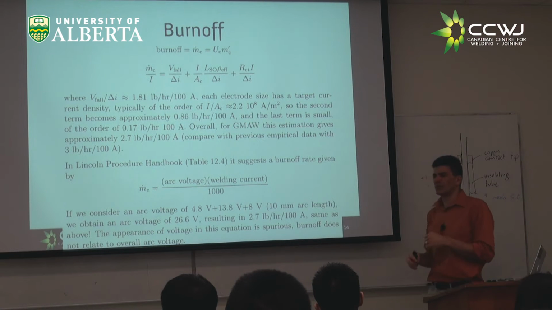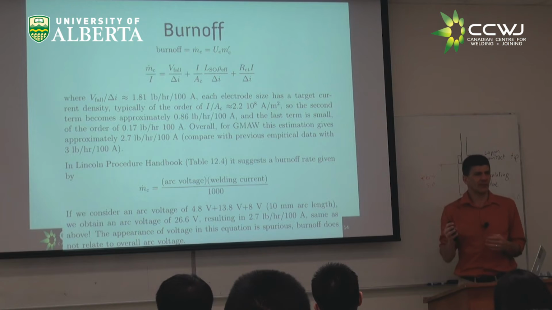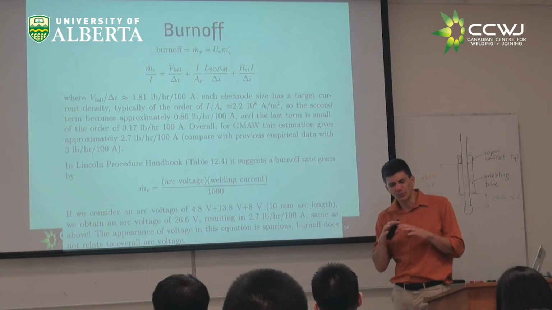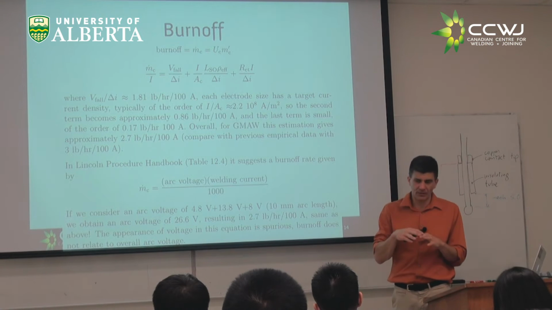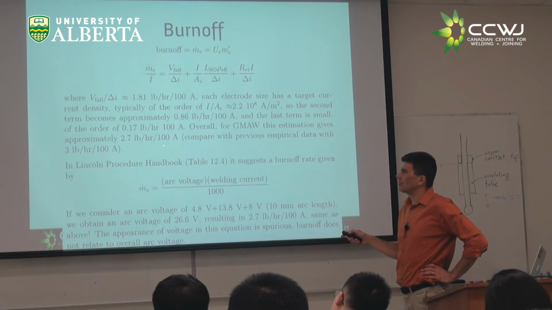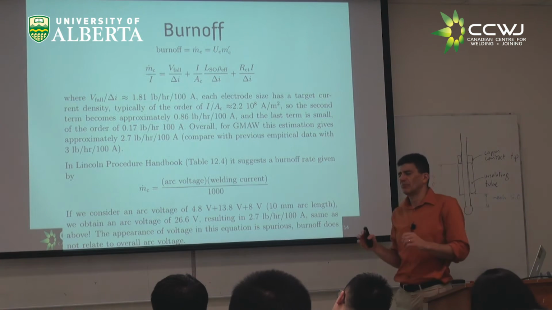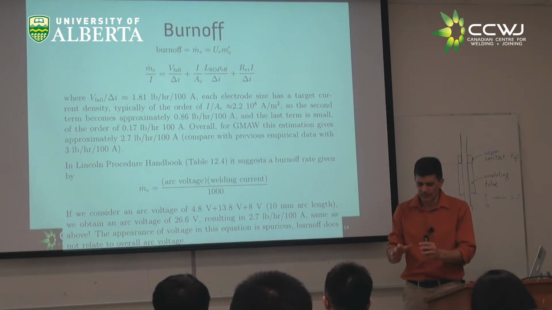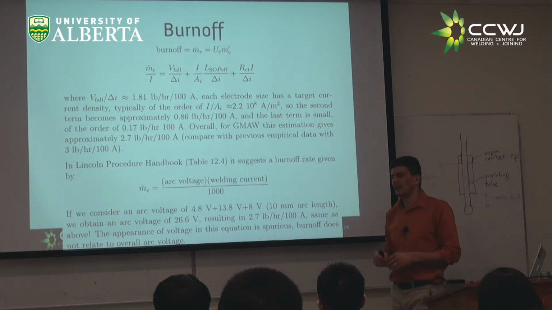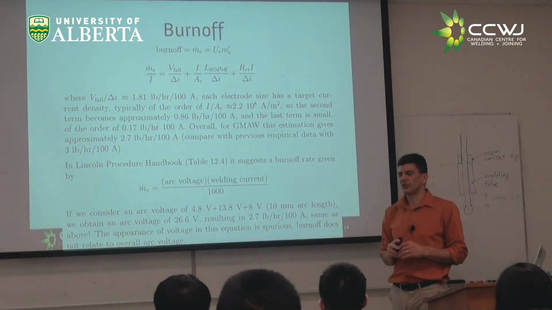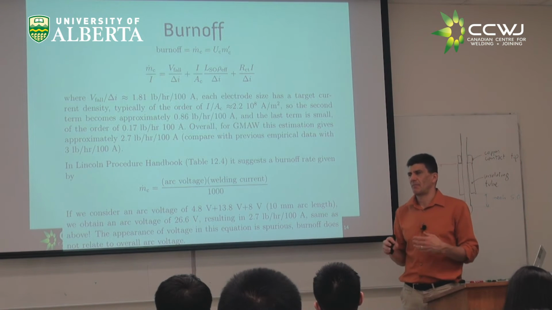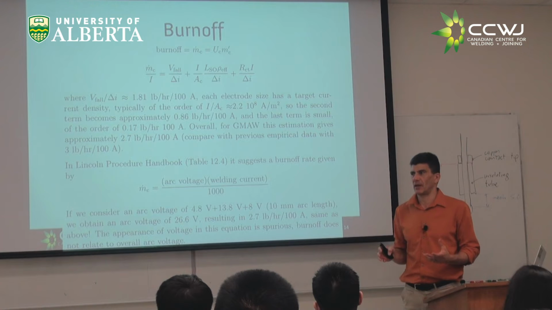amps. Remember I showed you before it was like 3, right? From these ESAB experimental curves. So I still have to do some more harmonization, and that's how every year our numbers change a bit. But this is quite amazing. By doing the absolute fundamentals from scratch, we built it, and we can say in MIG, you're going to burn more or less 2.7 pounds an hour per 100 amps.